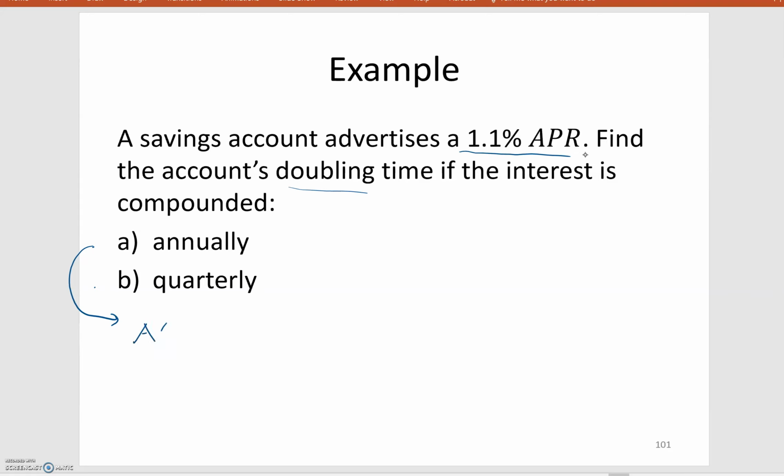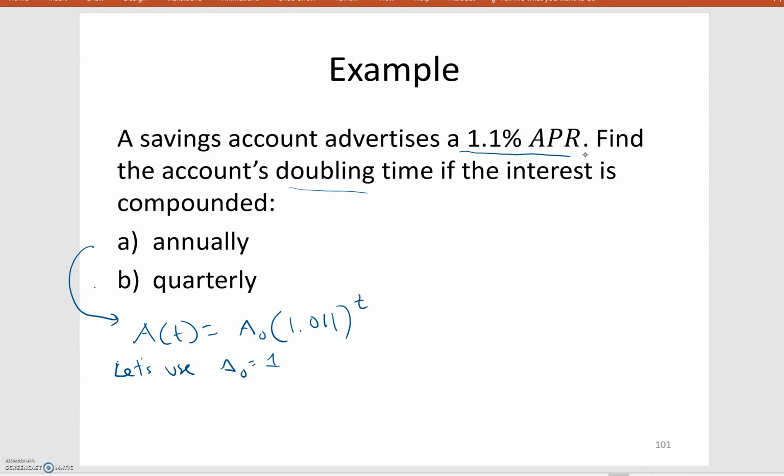So our model is going to be a sub 0, that's your initial value, and then 1.1% is 0.011, so that's 1.011. I'm just adding 1 to that, to the t. And for my initial value, let's use a sub 0 equal to 1.